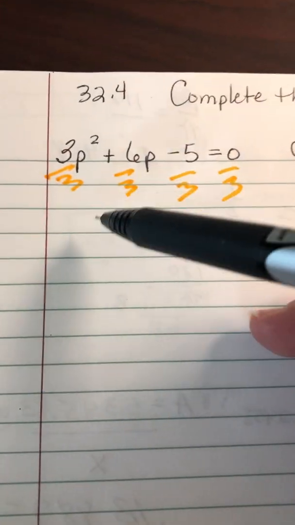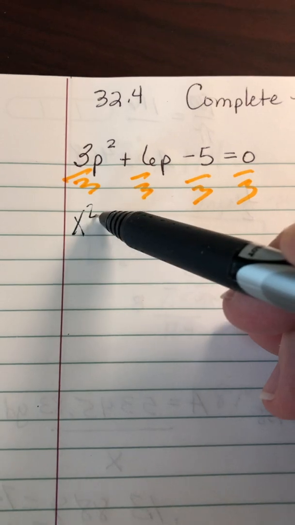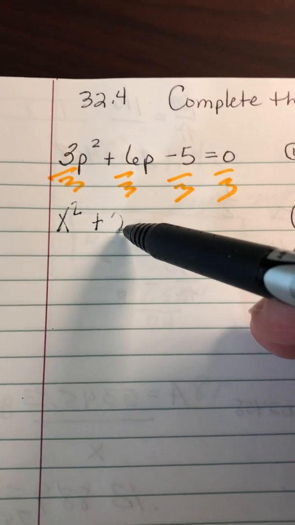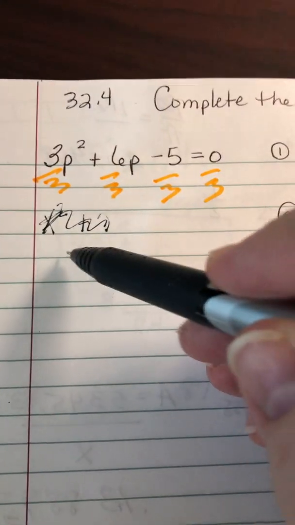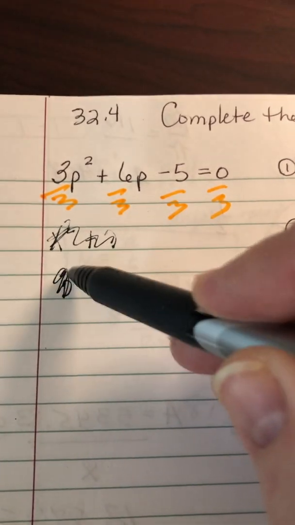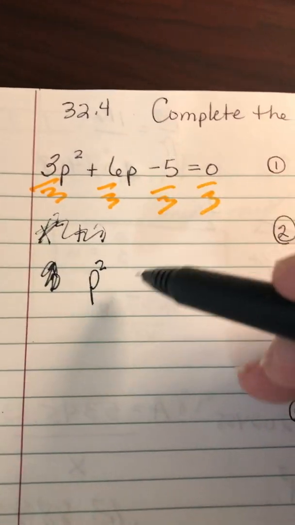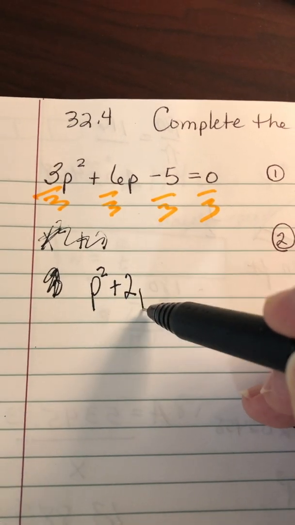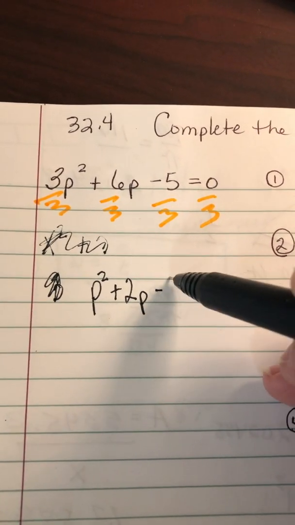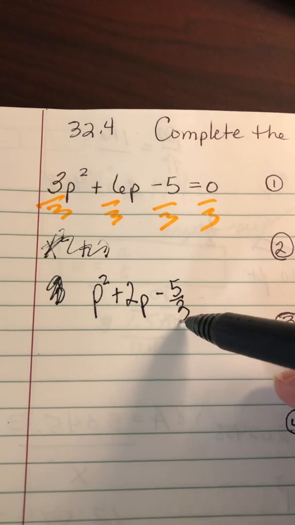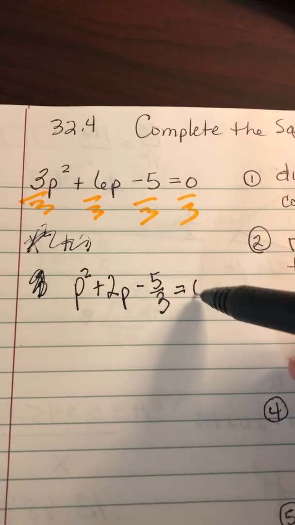So we get x squared plus, excuse me, it's got p's in this problem. Let's try this again. I can't seem to write correctly. Okay, we have p squared plus 2p minus 5/3 equals 0.